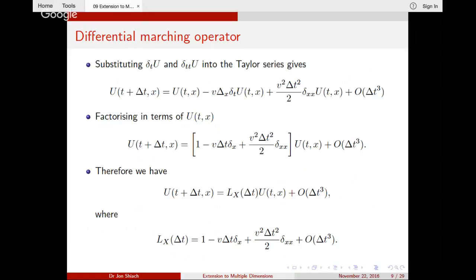So when we have delta T, you'd have delta T on the left-hand side underneath, so we divide that by delta T there. Okay, so this L_delta_T, that's what we're trying to find. That's what we call our differential marching operator. That is applied to u in order to get our next solution.